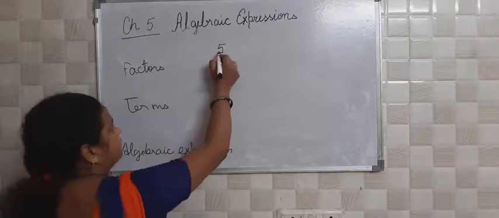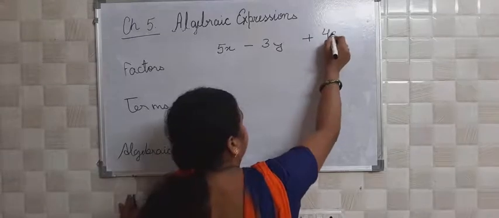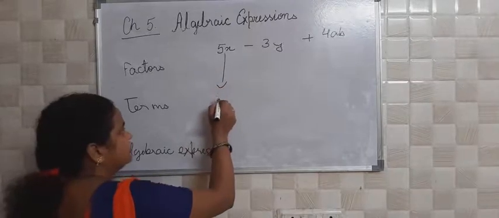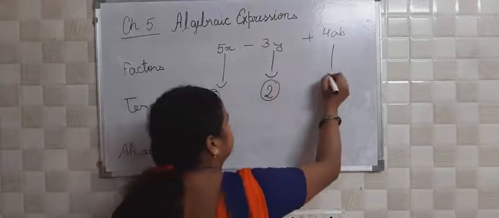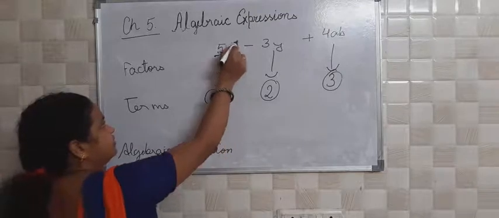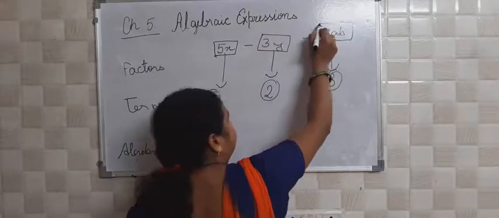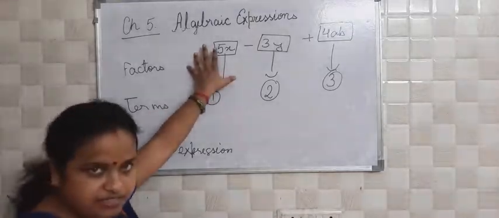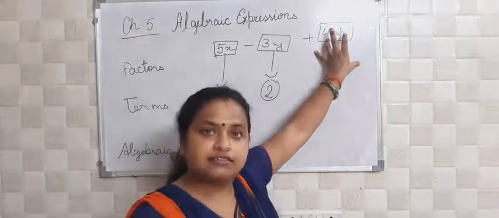Suppose we have 5x minus 3y plus 4ab. Here 5x is one term, this is the second term and this is the third term. So what are the factors? 5 and x, here 3 and y, and here 4 into a into b. So 5 into x is one factor, 3 into y is another factor and 4 into a into b is the third factor.